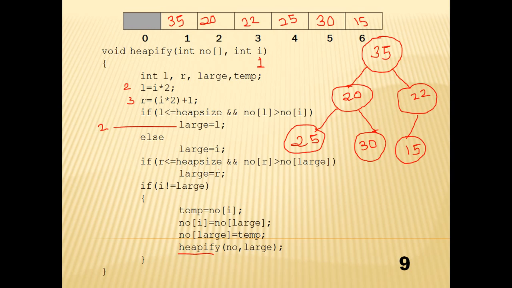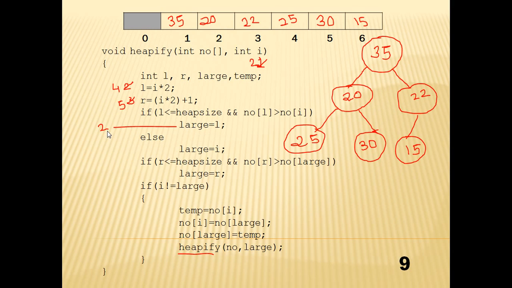Now large is 2, so i will be 2, and this function is called recursively. i is 2, and L will be 4, R will be 5. If L less than or equal to heap size, the condition is true, and A[4] greater than A[2], the condition is true.